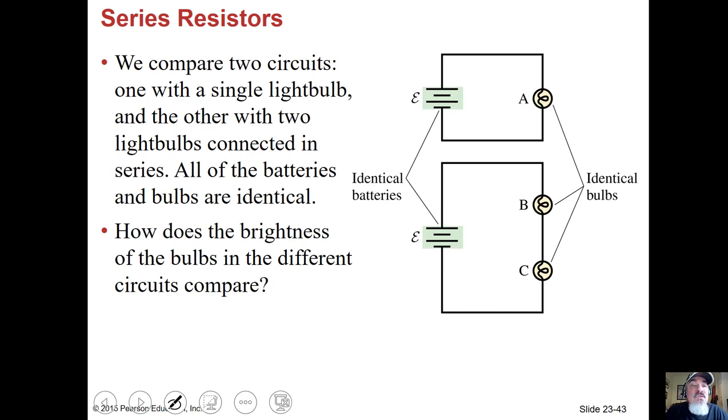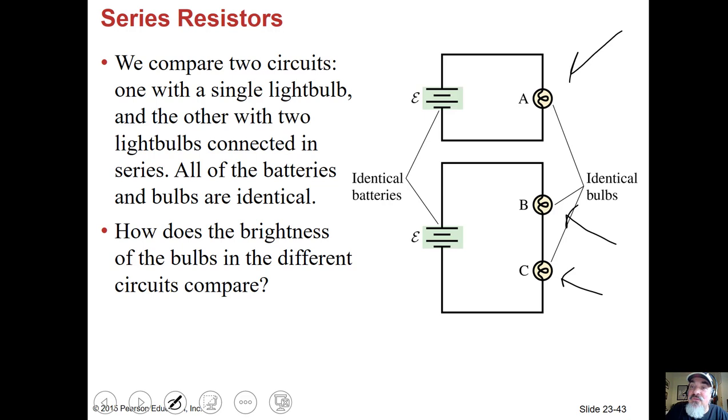So when you compare two circuits, one with a single bulb and then the other with two bulbs, all the batteries are connected identically. How does the brightness of the bulbs in the different circuits compare? So if you think about it, this has two bulbs. So the resistance in the second circuit here is twice as much as this circuit.